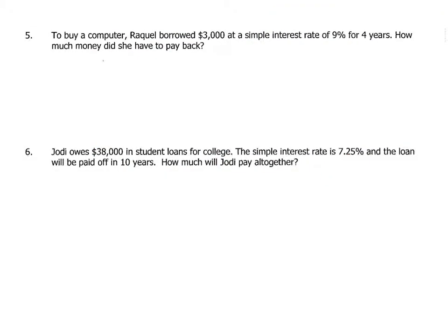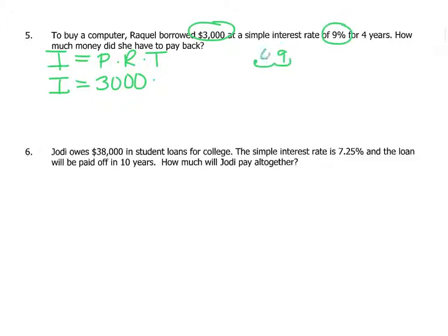More examples here. So the next one says, to buy a computer, Raquel borrowed $3,000 at a simple interest rate of 9% for 4 years. How much money did she have to pay back? Okay, so again, the formula is interest equals principal times rate times time. So in this case, the principal is how much she borrowed, which is $3,000. The rate is the percentage, which I need to change to a decimal, so I'm going to move the decimal back 2 places.